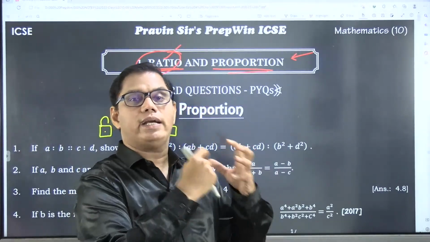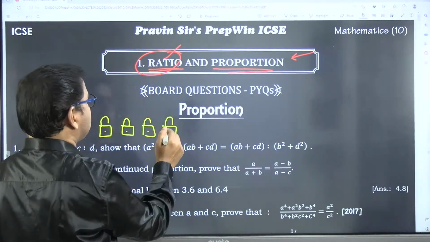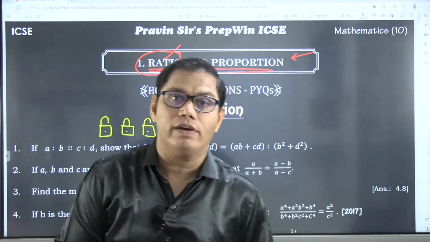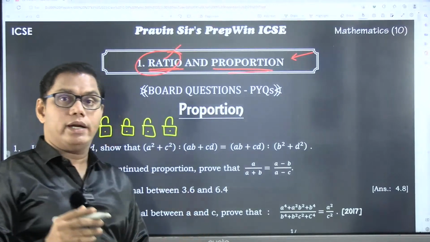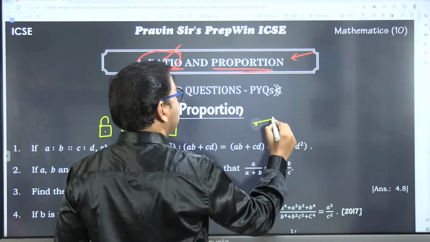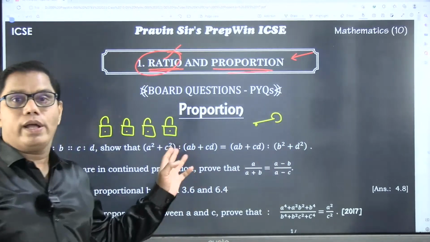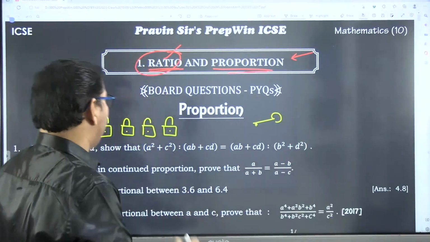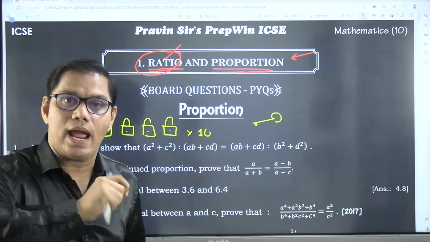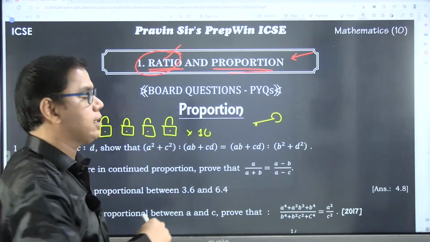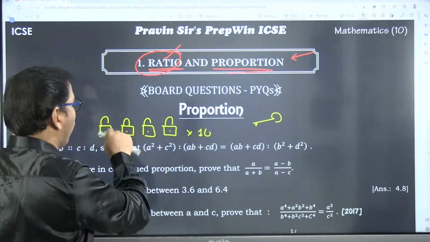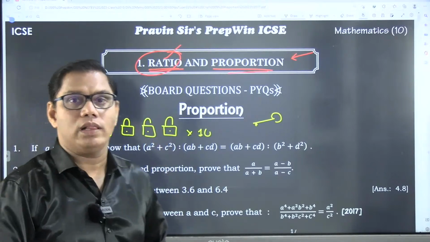It will be very complicated. What if I give you just one key, a master key, with which you can open all 10 locks with a single key? It will be such an easy task. Within no limit of time you will open all the locks.